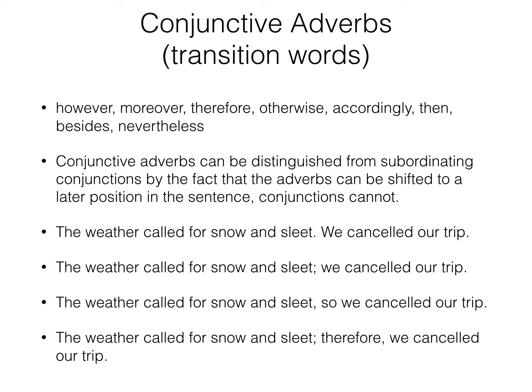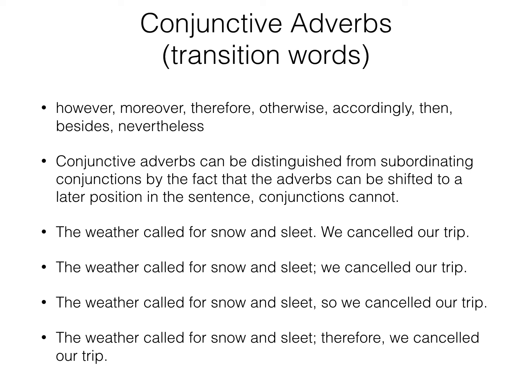So we might put a semicolon between them and connect them that way. We might put a comma and a coordinating conjunction in between the two independent clauses and connect them that way. Or we can do something else. We can place a semicolon between the two independent clauses and add one of these transition words, these conjunctive adverbs.